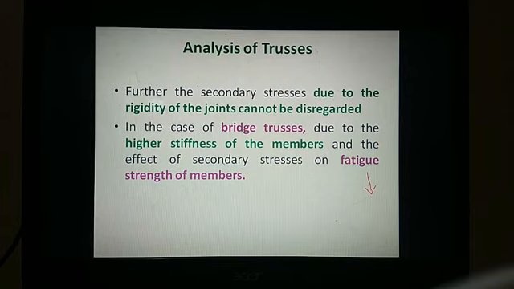So they are supposed to be designed for secondary stresses by considering even the fatigue loads on the members. In bridge trusses, instead of bending moments, the fatigue loads are considered as the secondary stresses. In MTech advanced structural design, advanced steel design, you are going to design some bridge trusses also, for bending moment along with the fatigue loads as well.